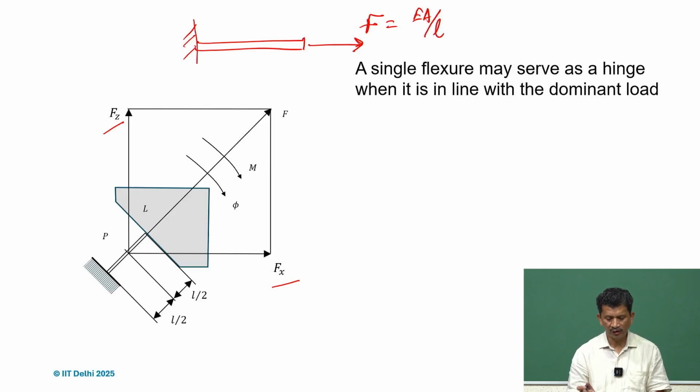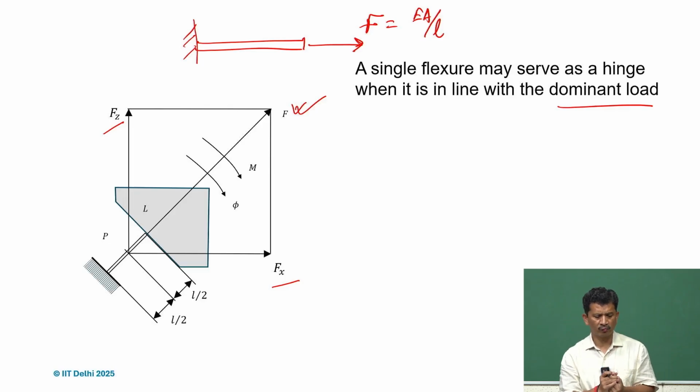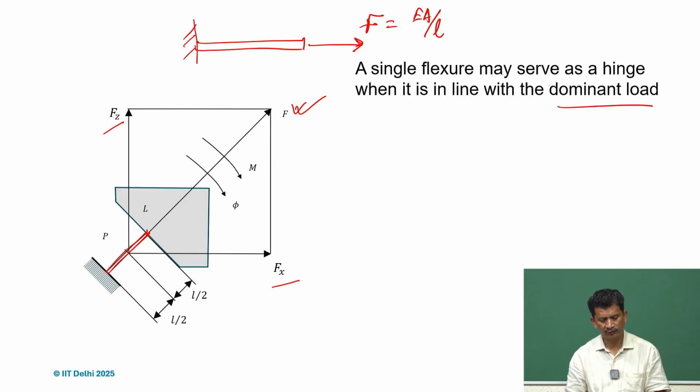So, if we know that there is any dominant load and the direction is more or less known, then what is important is, so this is the dominant load. We do not have to align to x or y, but what we do is we orient that flexure part, the flexing part AB, along the force direction. What happens because of that force? Yes, it's the axial load coming on the flexure element, and it's relatively rigid compared to bending and torsion.